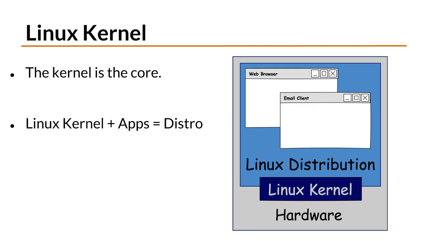Said another way, it's the intermediary between software and hardware. However, to have a useful operating system, you need other components in addition to the kernel. These components can include system libraries, graphical user interfaces, email utilities, web browsers, and other programs. To summarize, a Linux distribution is the Linux kernel and a collection of software that together create an operating system.